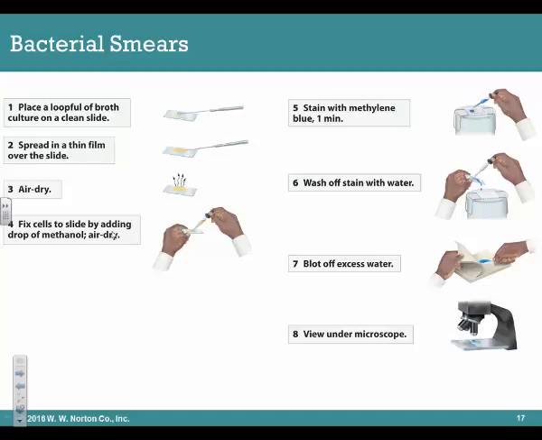So we draw it through a flame very quickly, 3 times. After staining, you have to wash really well so that you don't have any crystals of stain on the slide. That will be about the same size as bacteria, and so it will make it hard to find the bacteria on the slide.